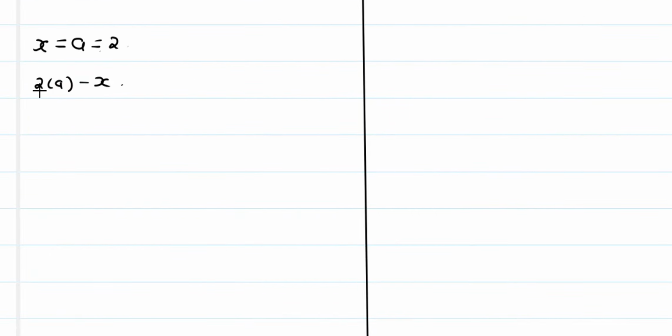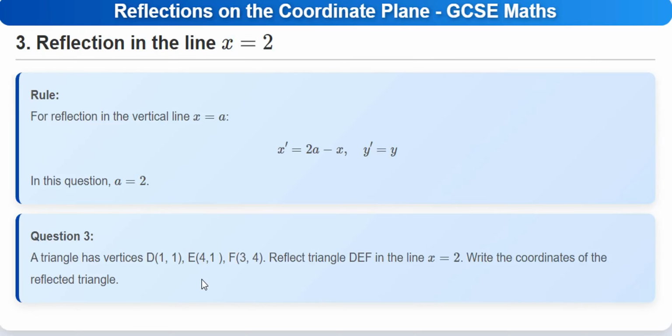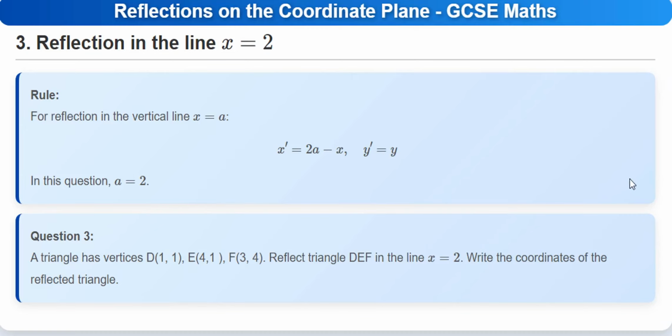So now the final formula in our case will be 2 times this A, which we already have as 2, minus x. We can apply this now in our original coordinates, where the question was: D is (1, 1), E is (4, 1), and F is (3, 4).